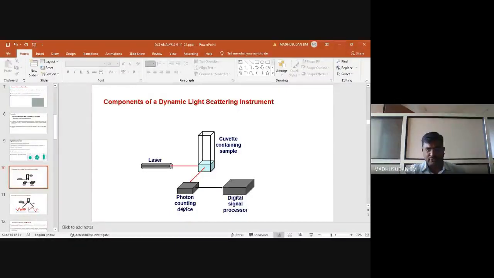The photon counting device, which we often call the detector, detects the random changes in the intensity of the scattered light, and the signal is sent to the DSP, the digital signal processor, which makes a correlation between the scattered intensity and time, and that is deliberated as the particle size.